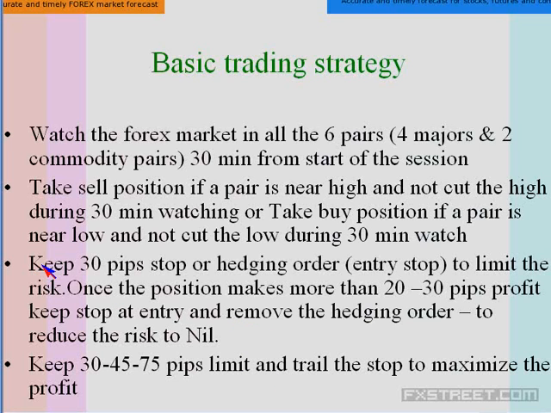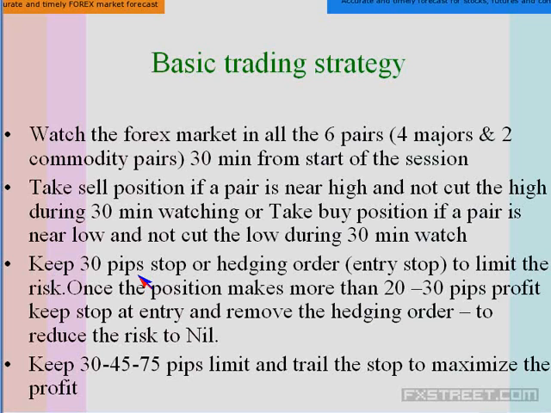Then once you take a position, always keep a 30 pip stop or the hedging order. Why? Because at any level you do a buy and sell trade or a sell and buy trade, keep a stop of 30 pips. That will be optimal. And if the stop is hit, don't regret; understand that you have taken a wrong position, but you wanted to take only a limited risk and you do not want to take unlimited risk.